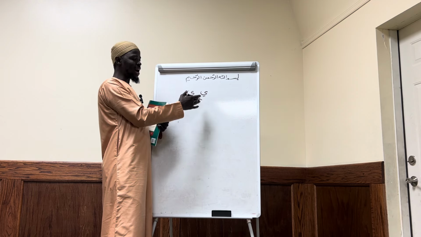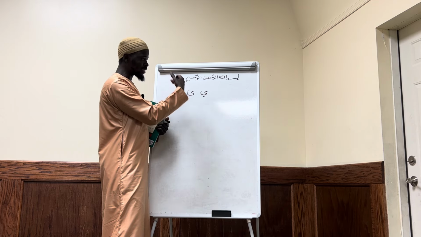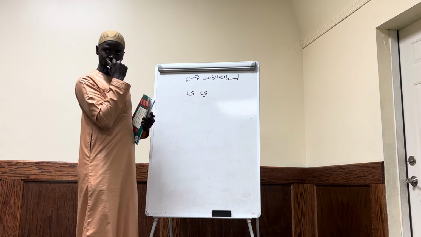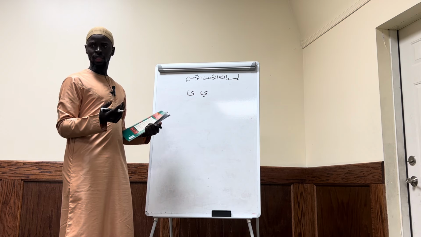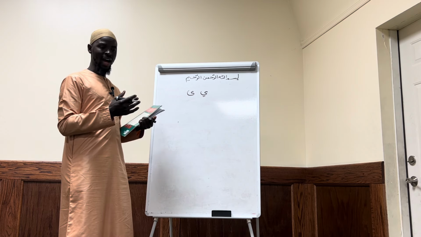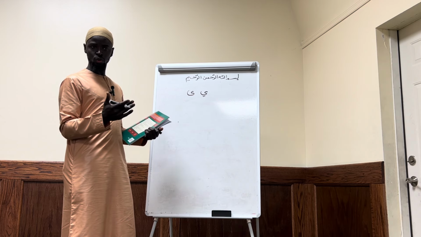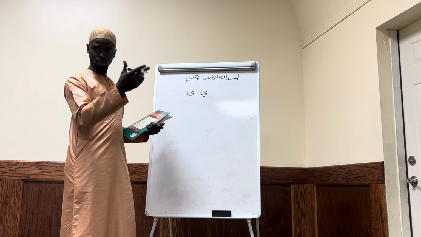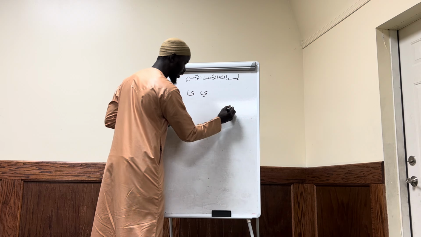If the ya doesn't have a vowel, look at the letter that is before the ya. What kind of vowel does that letter have? If that letter has the vowel kasra, then automatically you know that this ya is there to prolong the kasra. You understand? For example, let's say ar-rahim.